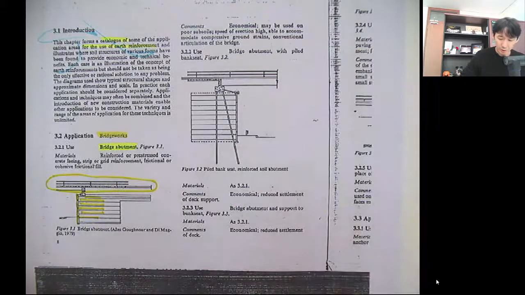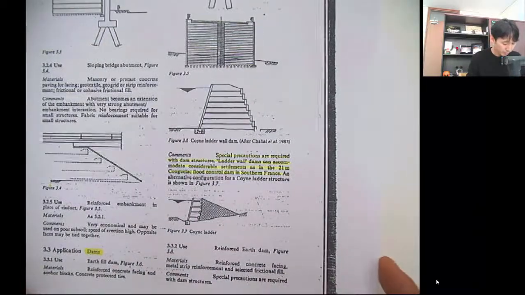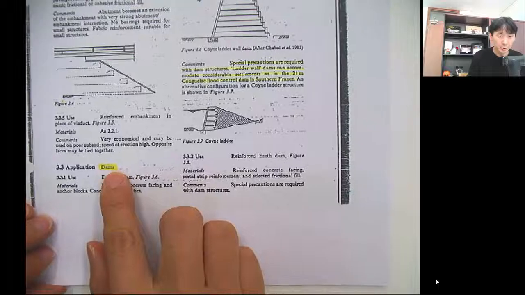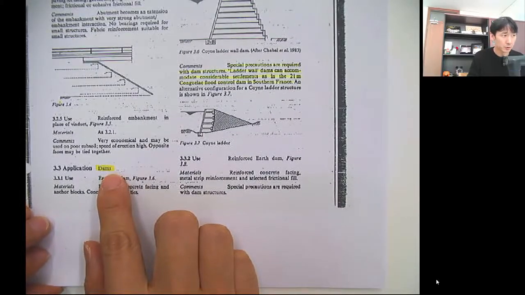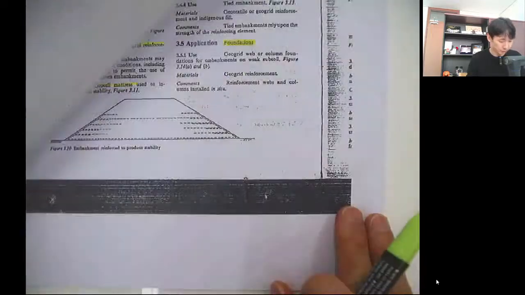So this can be used as an alternative to the deep foundation. And the other is like a dam, also in the dam, to increase the shear strength, the reinforcing material can be used.